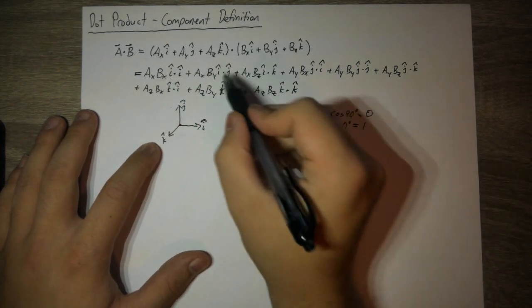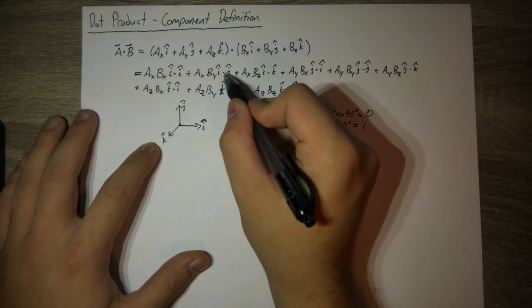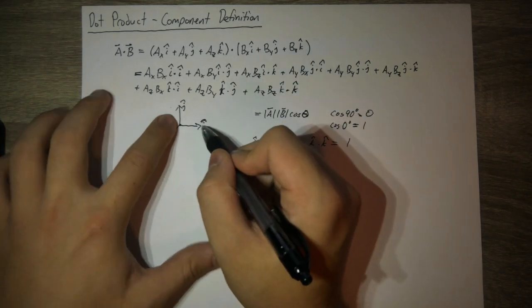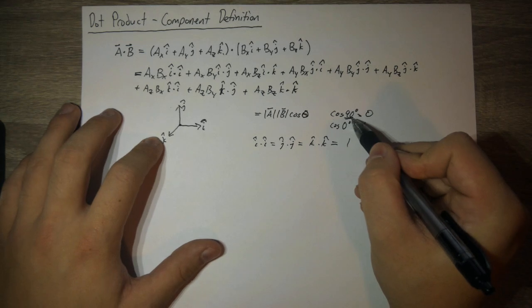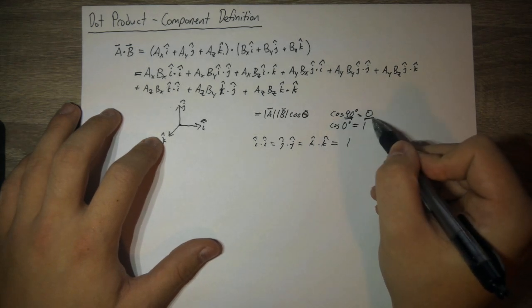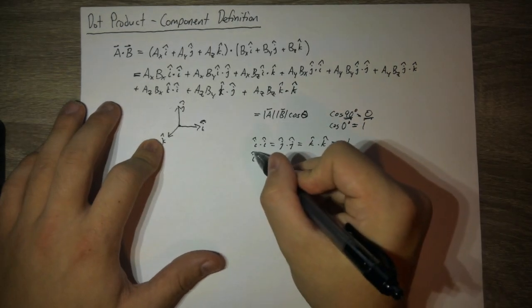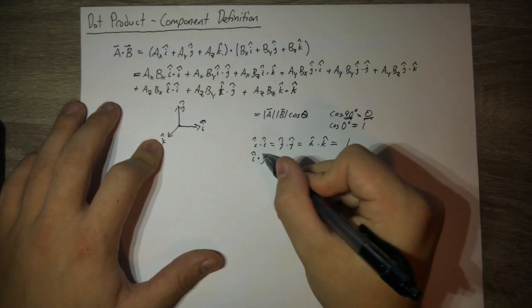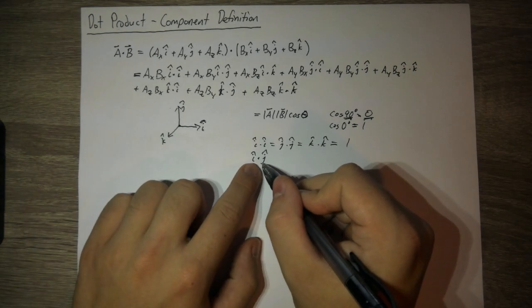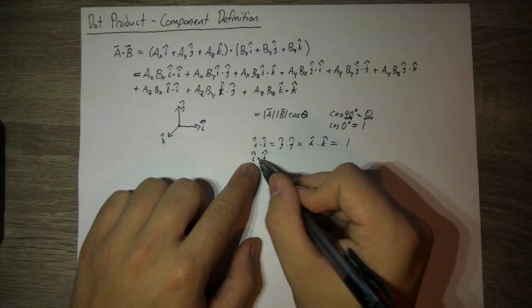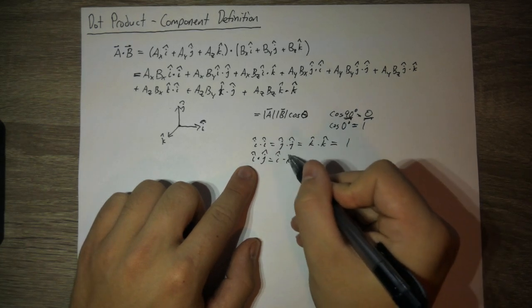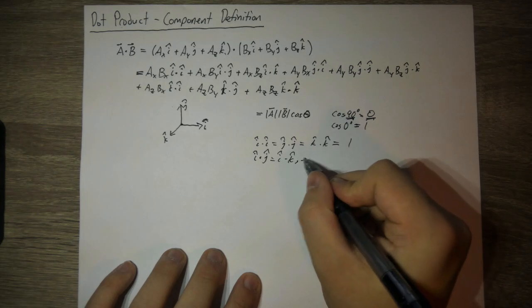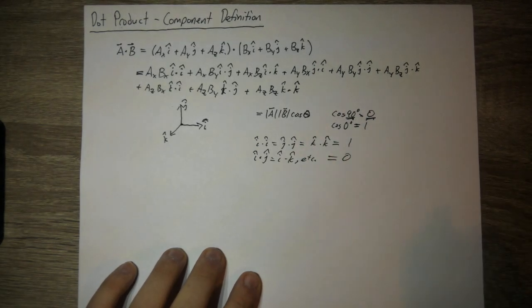So that reduces that, but look at these other terms, I dot J, I dot K. All these terms are 90 degrees from each other, and so therefore they equal 0. So any term that has values I, J, or K that are different from each other, like so or like this, etc., equals 0.